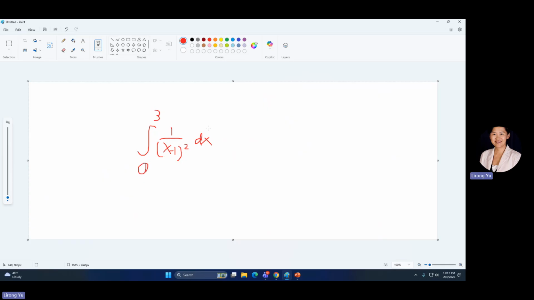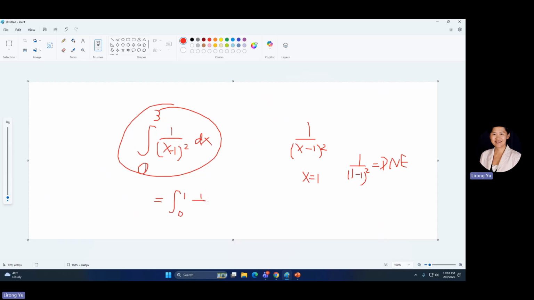For the function one over x minus one squared, when x is 1, it becomes one over one minus one squared, which is undefined. So 1 is the problem. In this calculation, you have to calculate what happens at 1, so go 0 to 1 of the same thing, and then plus 1 to 3 of one over x minus one squared.